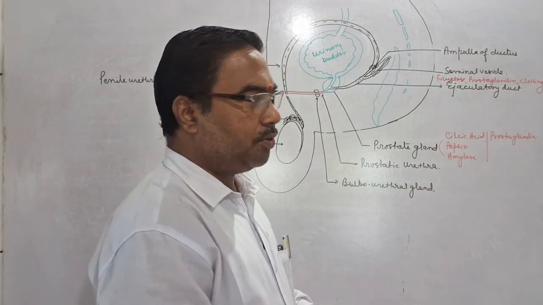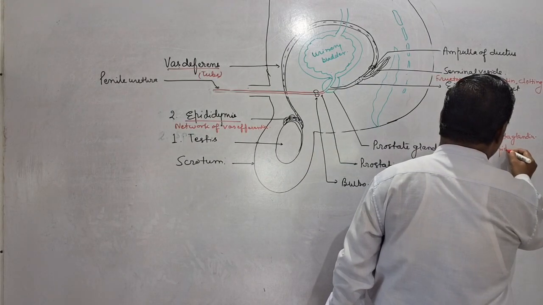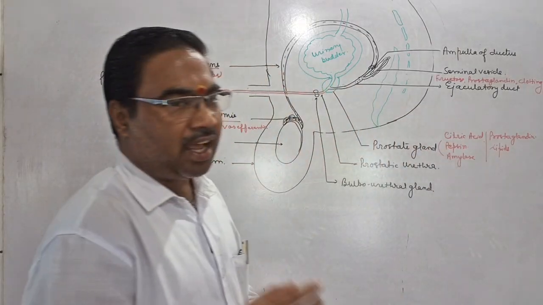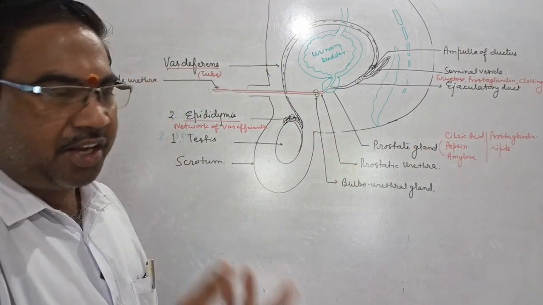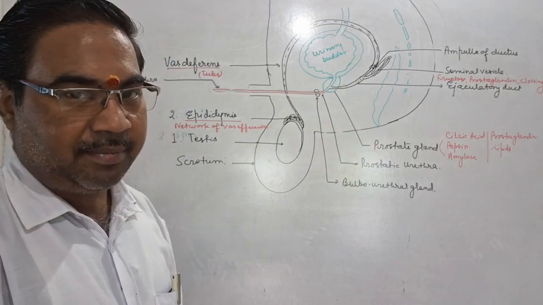Okay, so here you can see some lipids are also present. You can see lipids are also provided for the sperm's nourishment, while the fructose is provided by the seminal vesicle.